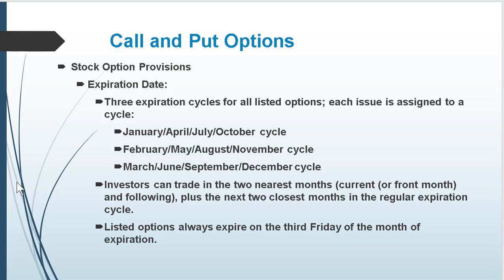Those are all potential expiration months, and you can trade in the two nearest months, so the current plus the next two. If you think about this first cycle, for a particular option, you could buy it in January or April or July. Those are the months that it exists.